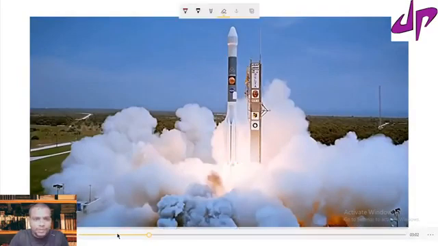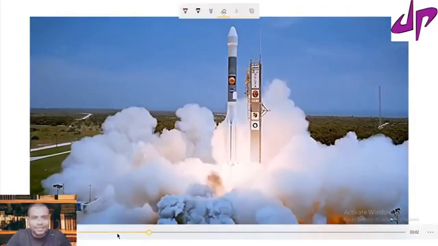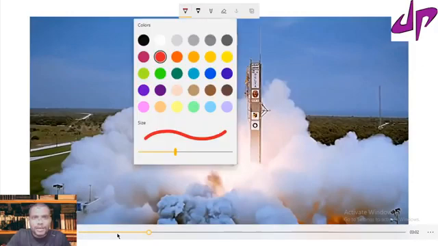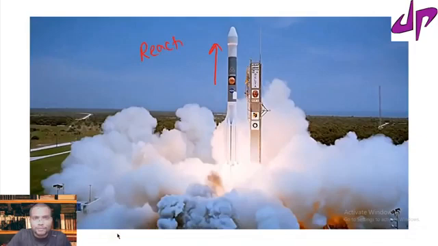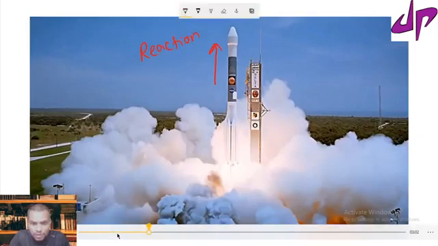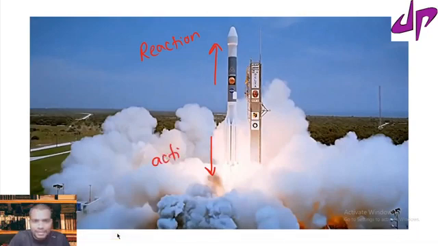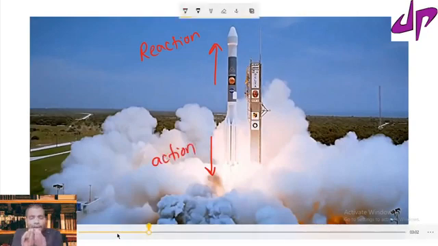The rocket moving forward is the reaction. That reaction is due to the fire pushing downwards, which is the action. When fire burns and pushes in the downward direction, the rocket moves in the upward direction.